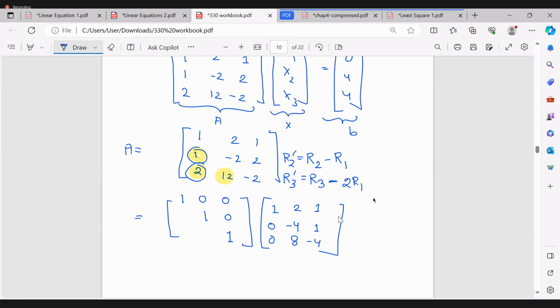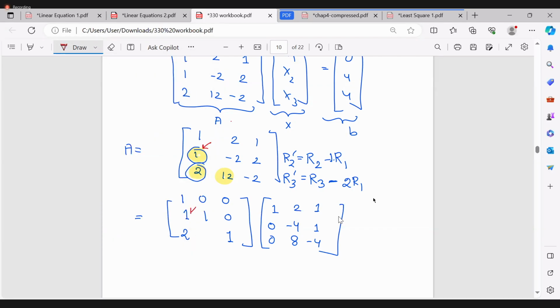Now, ma'am, whenever you, could you explain this step once? Let me finish. So the values that were used here to make 1 and 2 into 0, certain coefficients were used. Here a coefficient of 1 was used, and here a coefficient of 2 was used. So I am writing 1 and 2 here, since for the value in the second row and first column, for making this value 0, I'm using coefficient 1.